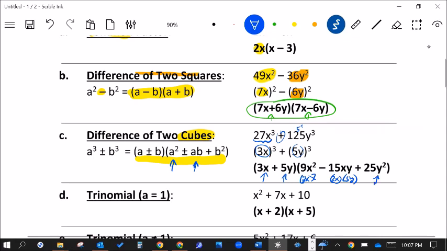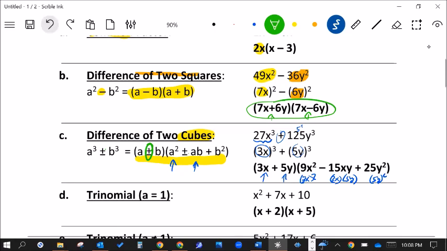And here you have the 5y being squared. And in between, you have to watch which sign goes where, because it really depends.